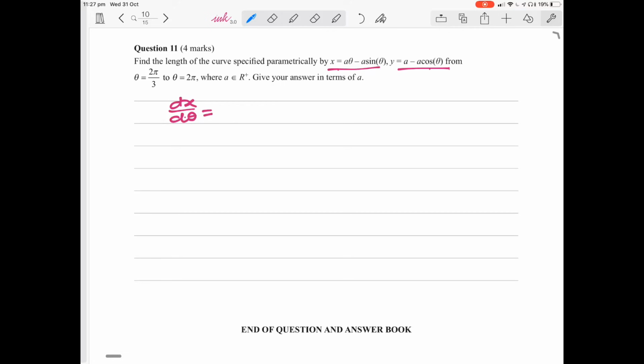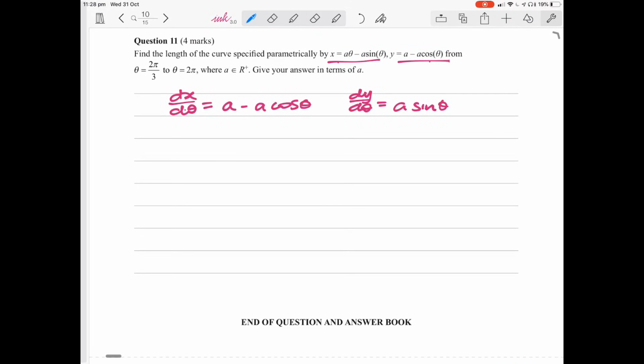So dx d theta is going to be a, derive sine we get cos, so minus a cos theta. Derive that, when we derive cos we get negative sine, so dy d theta is equal to a sine theta.